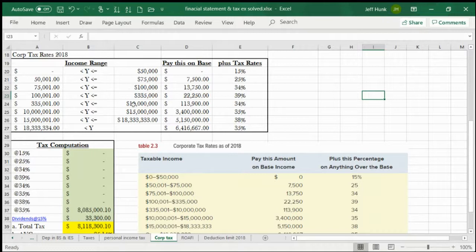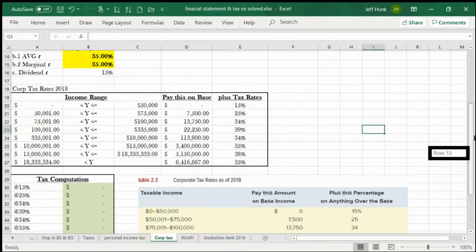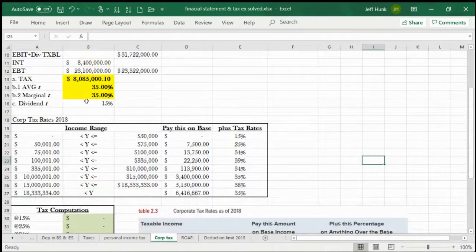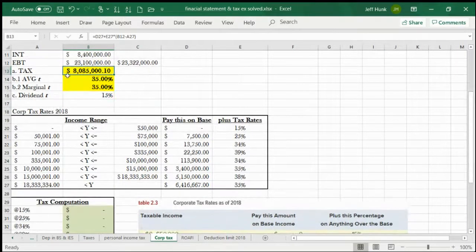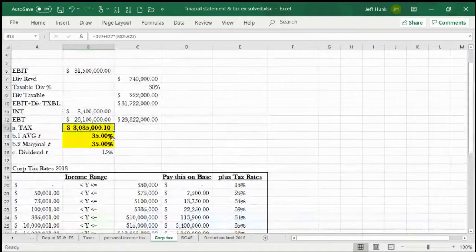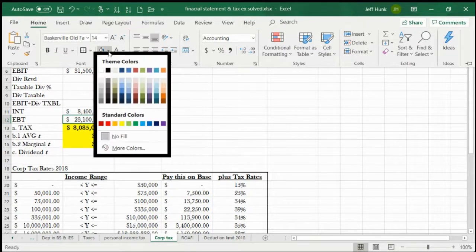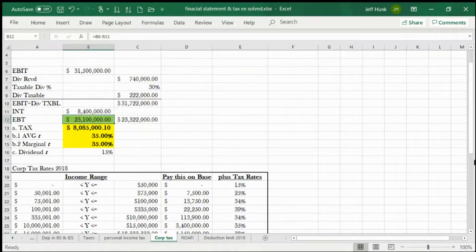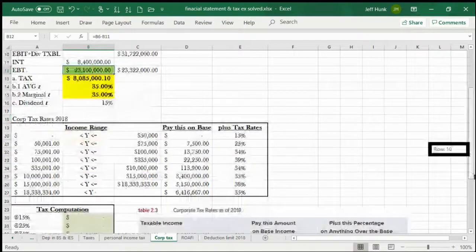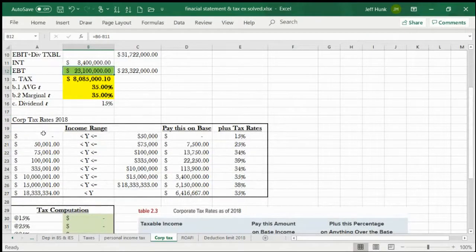In corporate taxes, you go straight to where your taxable income belongs. So this is our taxable income. Instead of going through every tax bracket, you go straight to it. This company made taxable income of 23.1 million.